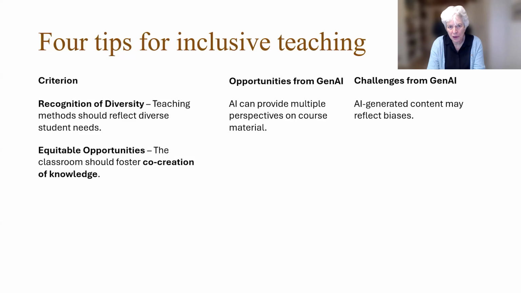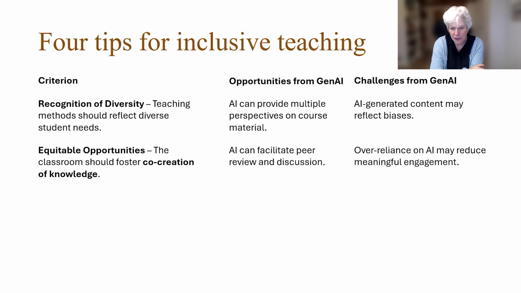If we want to think about co-creation of knowledge, again, this can be a bit challenging, but it really just means starting to ask questions about what students bring, what they think, how they will find out more. Peer review and discussion using the tools, a little bit like in the previous example, but getting students to do it rather than teachers, can generate different perspectives that can be argued with, and provide examples for discussion in class.